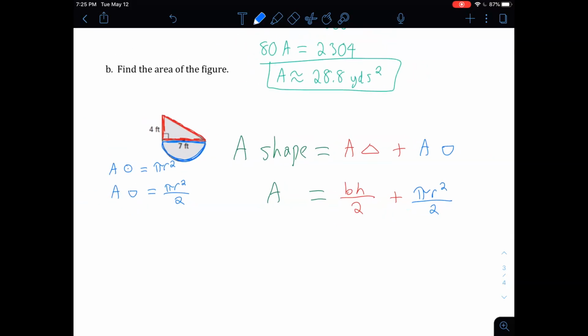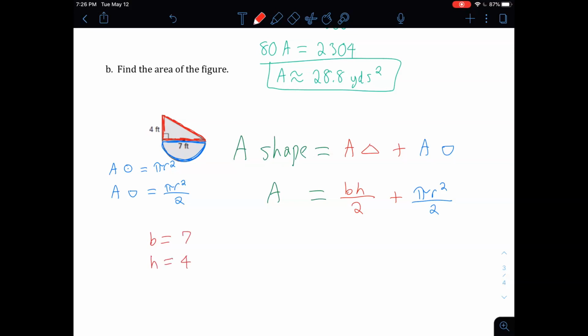All right. So for the triangle, it's not the radius. What's the base of the red triangle there? What do you see? 7. And what's the height? 4.